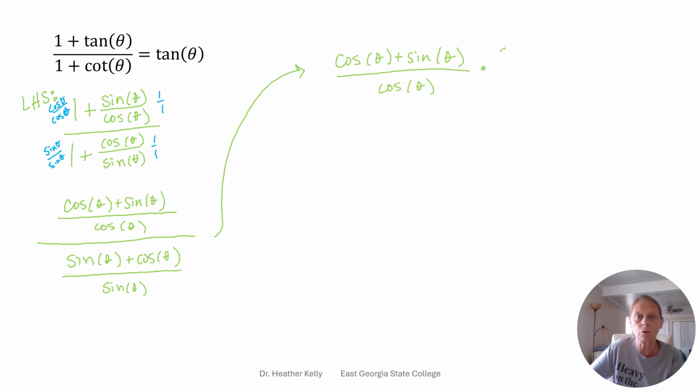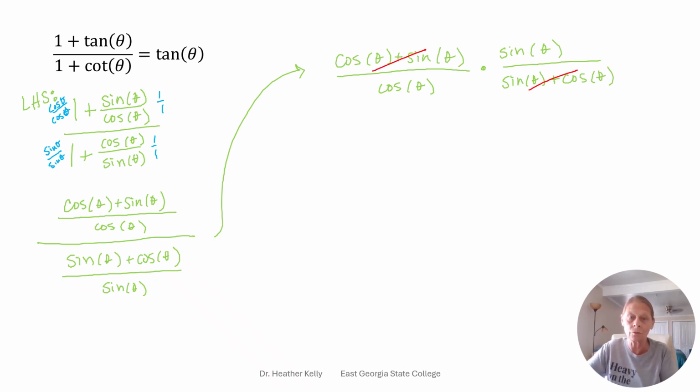You need to show all your steps. We have sine theta over sine theta plus cosine theta, and of course addition is commutative, which means 2 plus 3 is the same thing as 3 plus 2, so these guys cancel. And we're left with sine theta over cosine theta, which is equal to tangent theta.